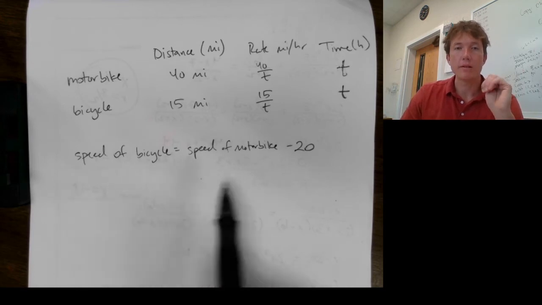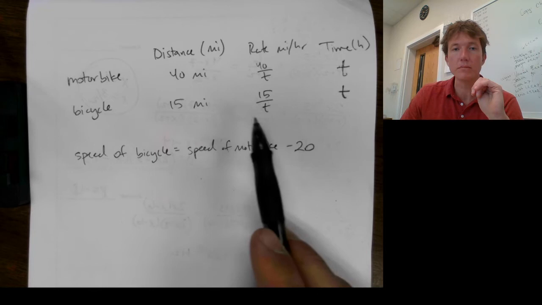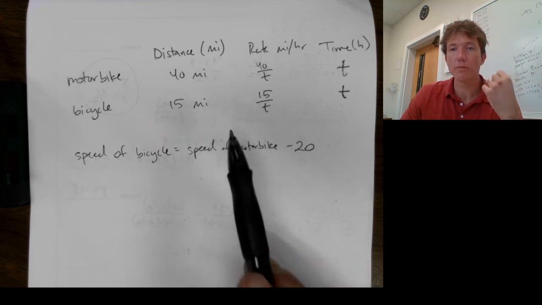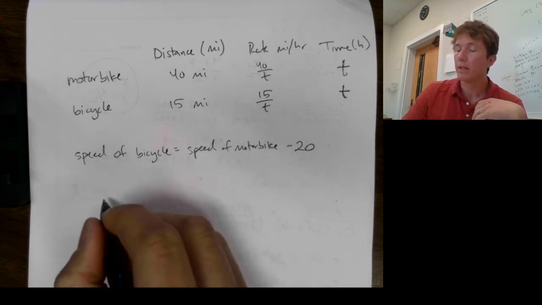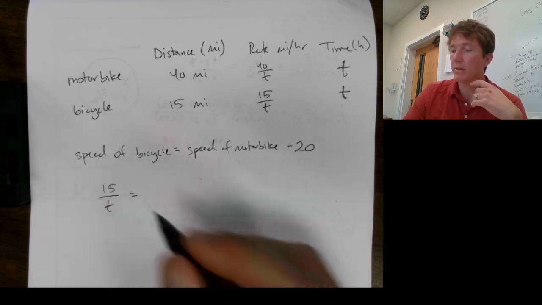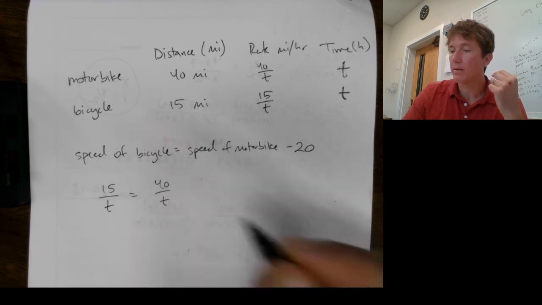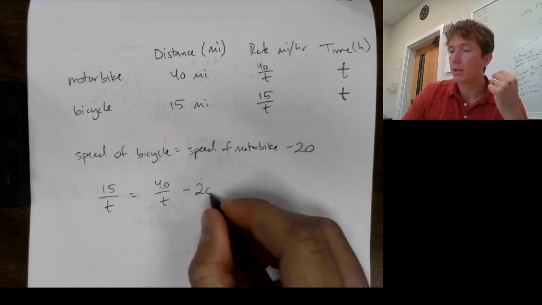So then all I need to do is throw in my terms that I made out of the table. The speed of the bicycle is 15 over T, and that equals the speed of the motorbike, which is 40 over T, minus 20.